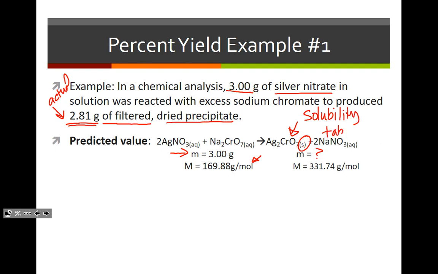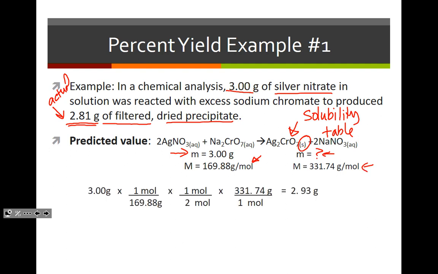So then I'm looking for my mass. Since I'm looking for my mass, I use my molar mass. So now we recognize this. It's stoichiometry. I have 3 grams. I use my molar mass to get to moles. I use my ratio to go from what I know to what I am looking for.